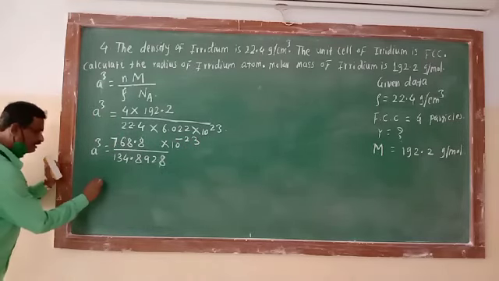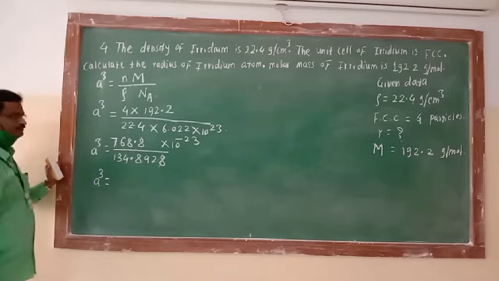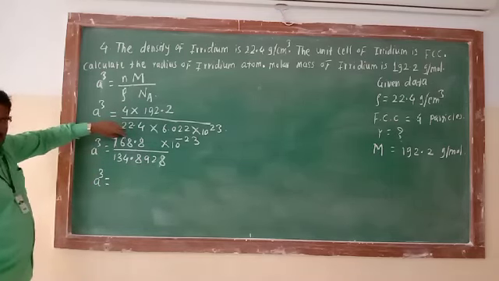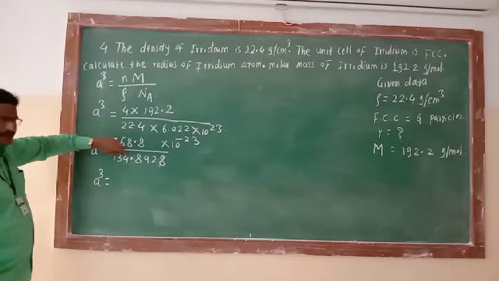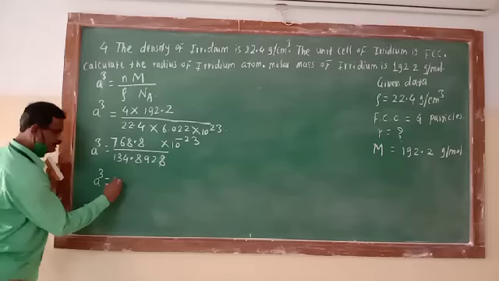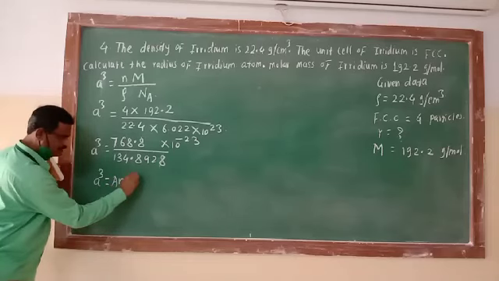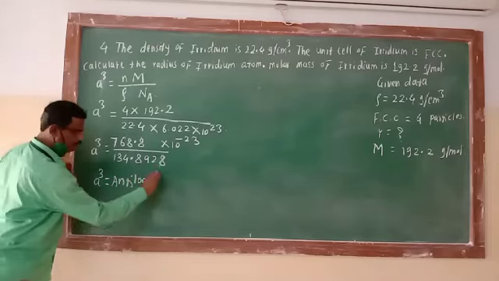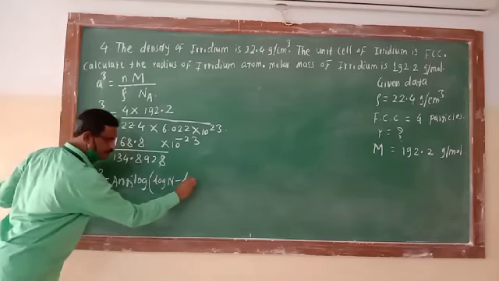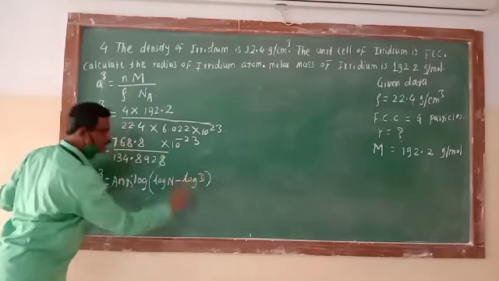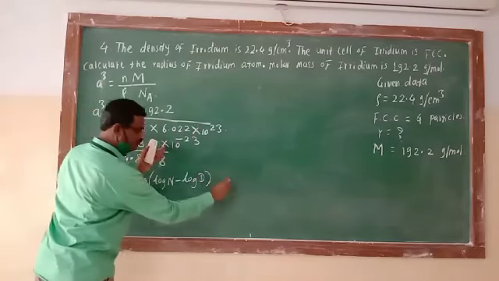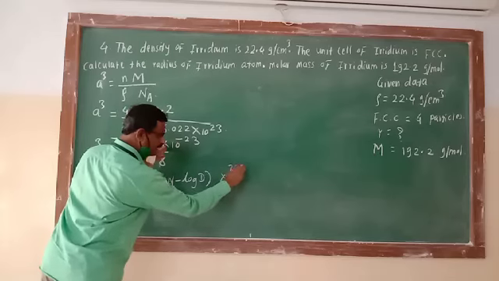And how to solve this? Log of numerator minus log of denominator and then antilog. Forget the 10 raised to minus 23; that is the factor over there as it is.